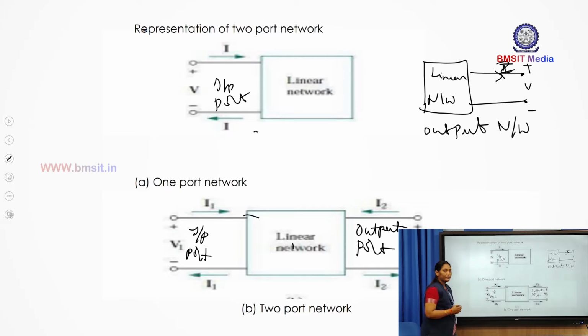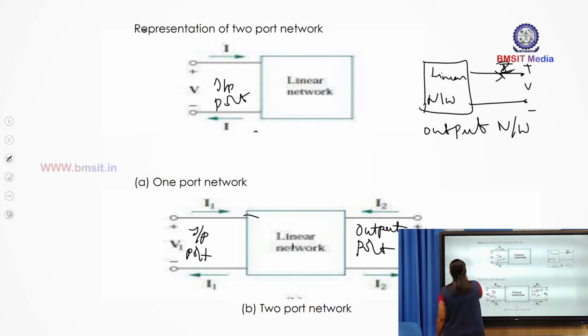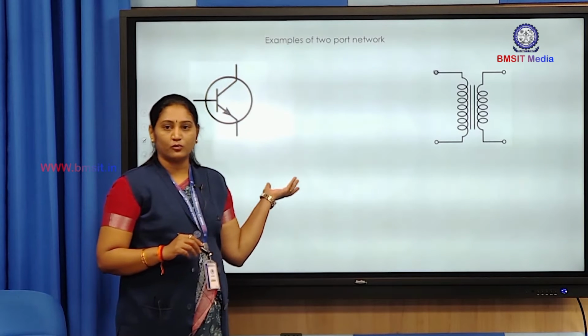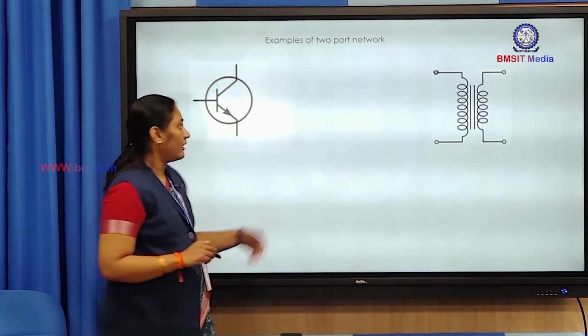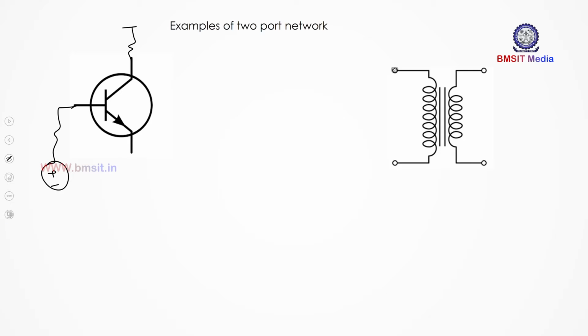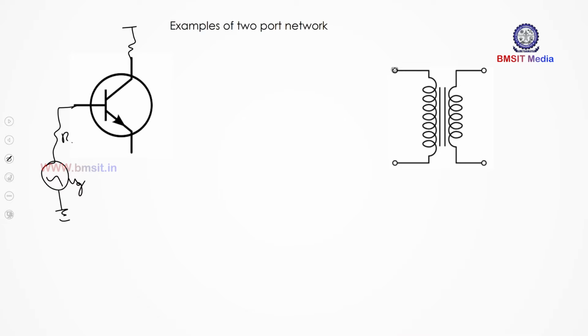Before that, let me give an example of the two-port network. I have 2 examples: the transistor and the transformer. Why is the transistor considered a two-port network? Here you can attach a resistor and a generator voltage source, and you can get an output V0.